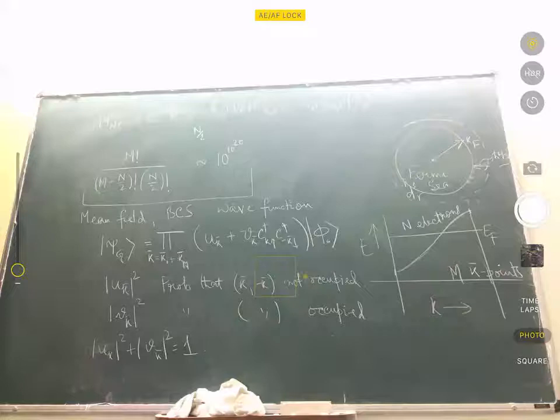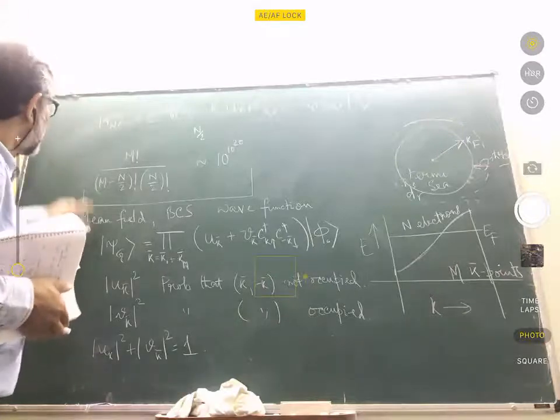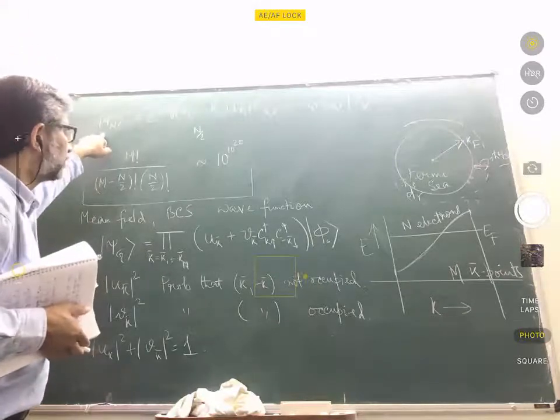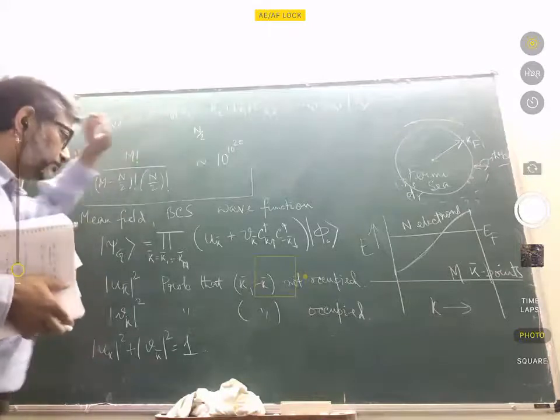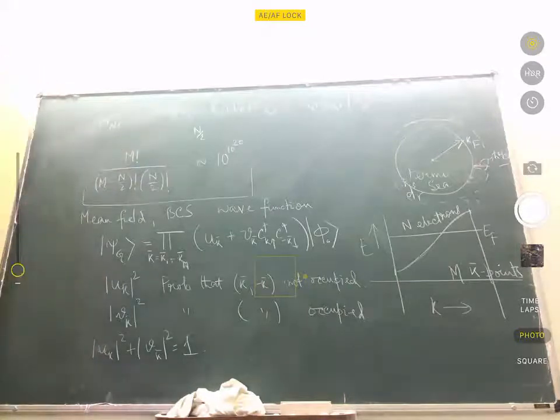So what you realize is that this wave function is a very special case of that wave function, where some special set of g_k's have been chosen.